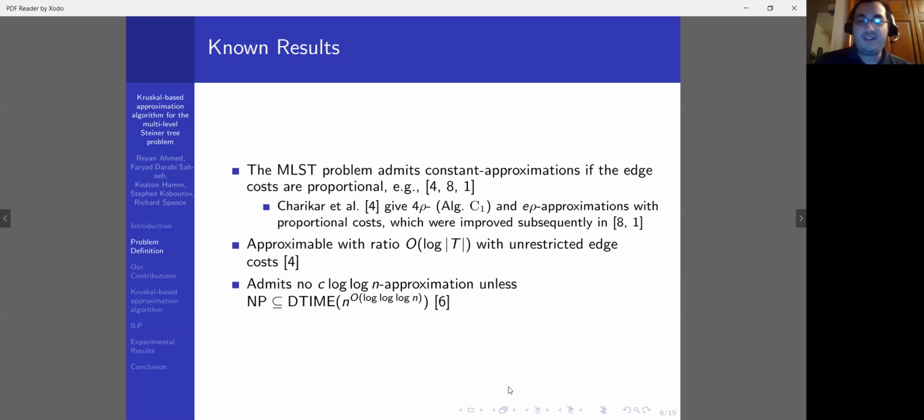In the special case where the costs are proportional, there are constant approximation algorithms. With more general unrestricted edge costs, there is an O of log t approximation by Charikar et al., which we'll go over shortly. On the other hand, this is hard to approximate with ratio c times log n for some constant c under some complexity assumptions. This was a 2008 paper by Chuzhoy et al.